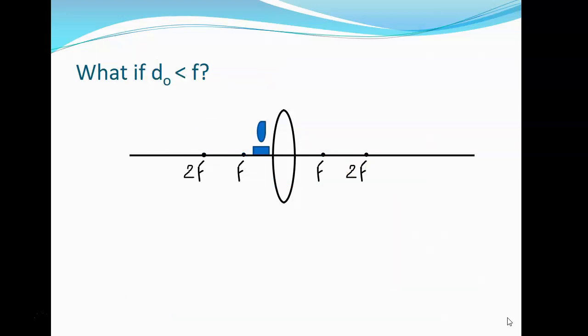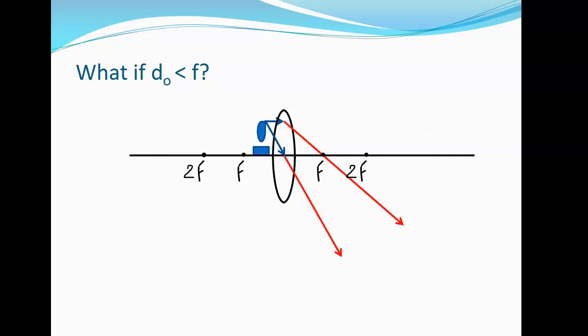What if we have an object within the focal length of the lens? You should try this on your own first and then come back and see how we do it, for sure, if you have any questions in particular. Two rays we can start with: light ray coming parallel to the principal axis, light ray coming through the center of the lens.